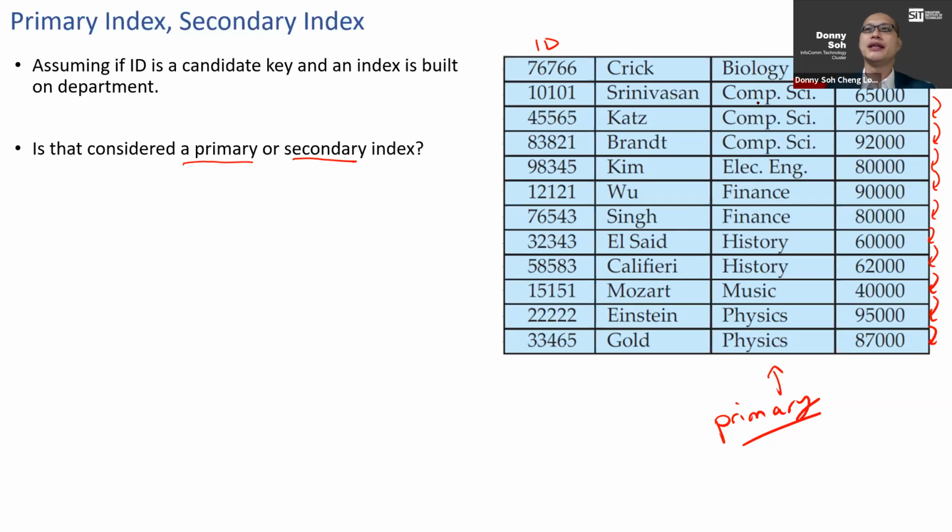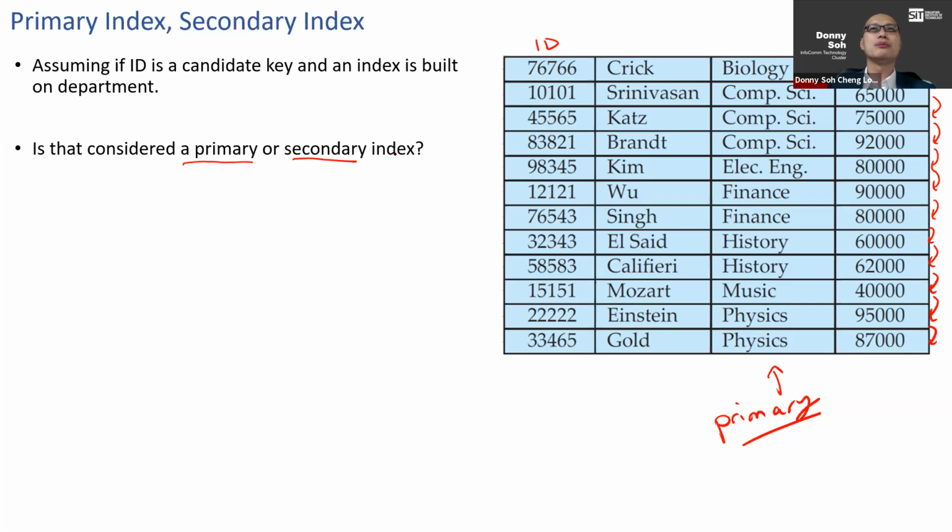Because this is arranged sequentially, as long as the records are arranged sequentially in the physical sense, it will be considered to be a primary index.